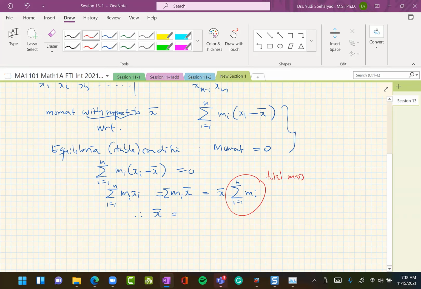So we can compute x bar: it is the total moment over the total mass.